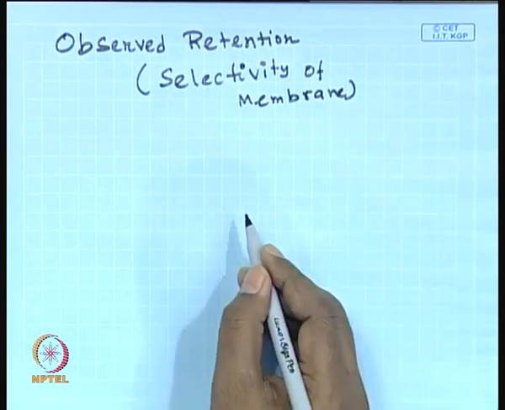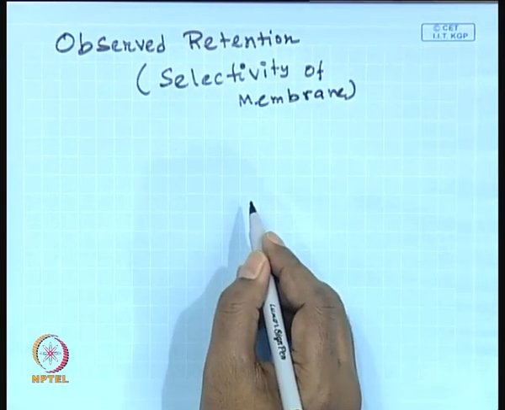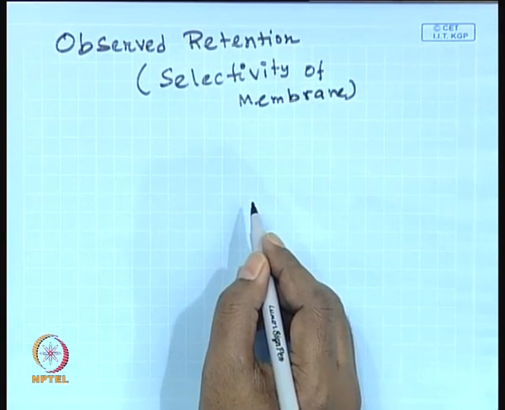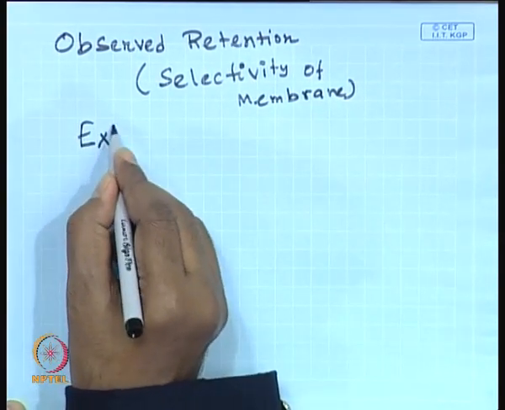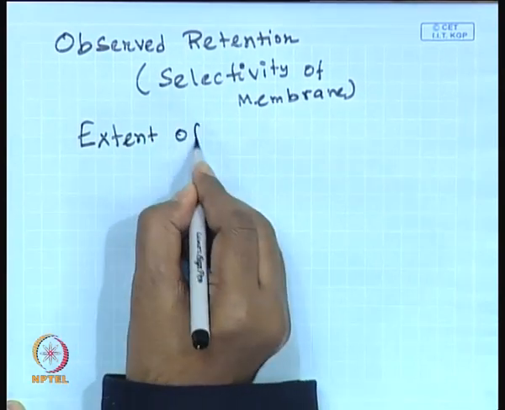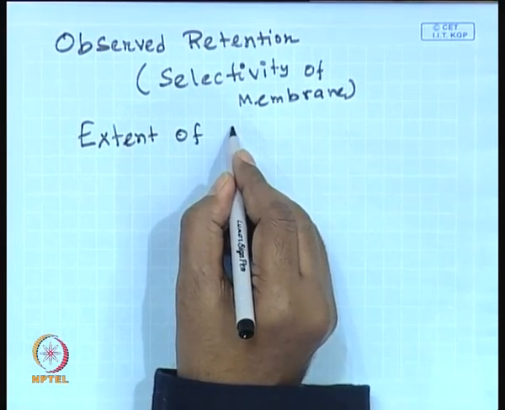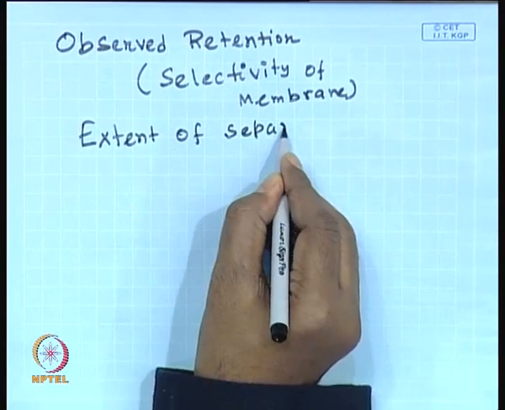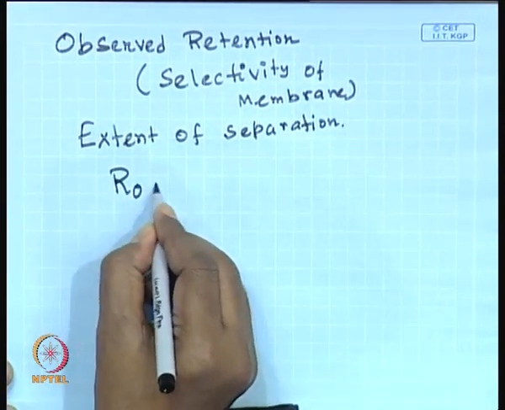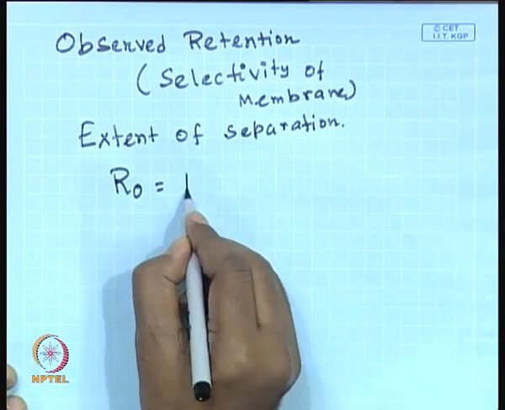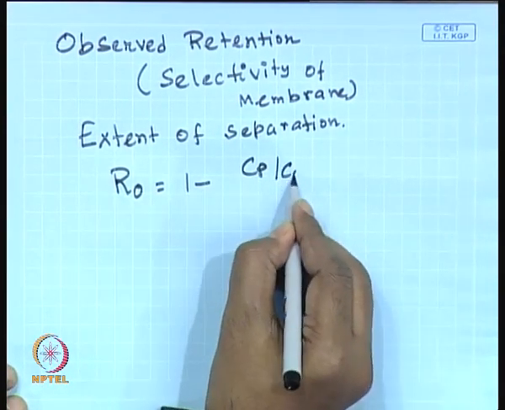That means how selective my membrane is, means how much solute it can retain. Physically it indicates the extent of separation. This is defined as R subscript O, and it is 1 minus Cp by C naught.